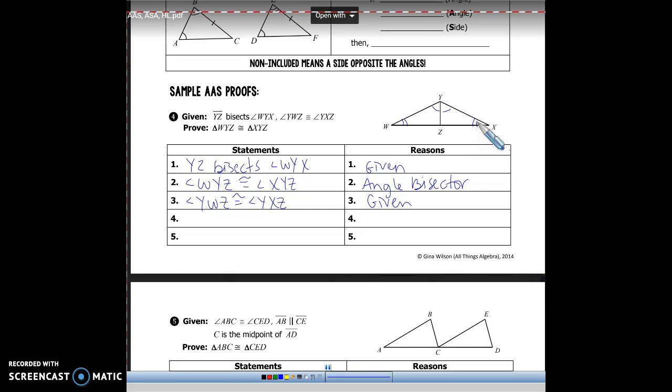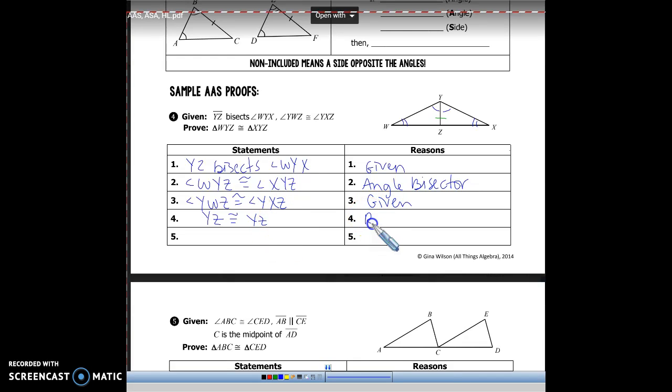We do know that we have a side that it shares. So this side, it shares. If that side's in both triangles, that means this left triangle would have YZ in it, and this right triangle would also have YZ in it. So that means that YZ would be congruent to YZ, same on both sides.